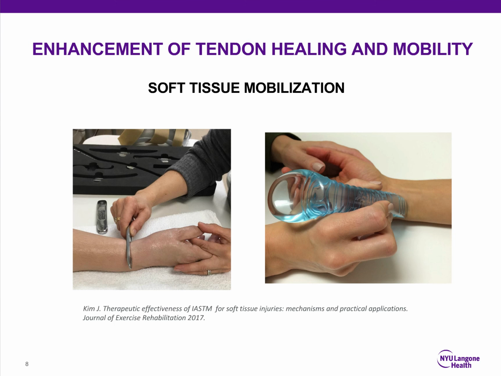For the enhancement of tendon healing and mobility, we have instrument-assisted soft tissue mobilization techniques like Graston on the left or A-Stim in the picture on the right. These techniques use instruments that help with scar remodeling, and also they facilitate the healing process through formation of new collagen fibers.